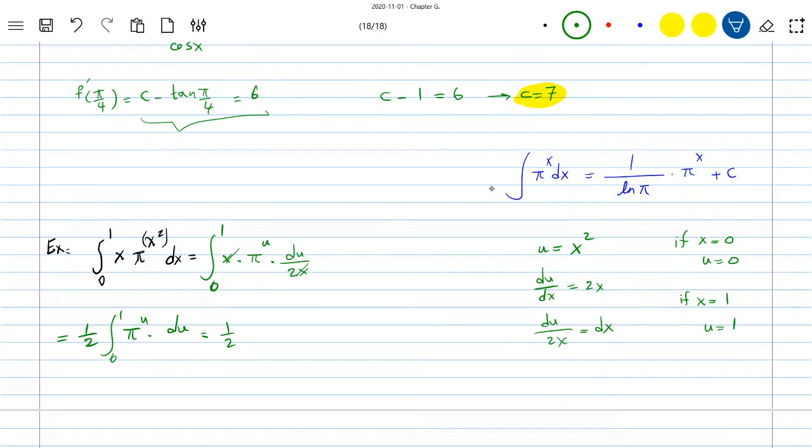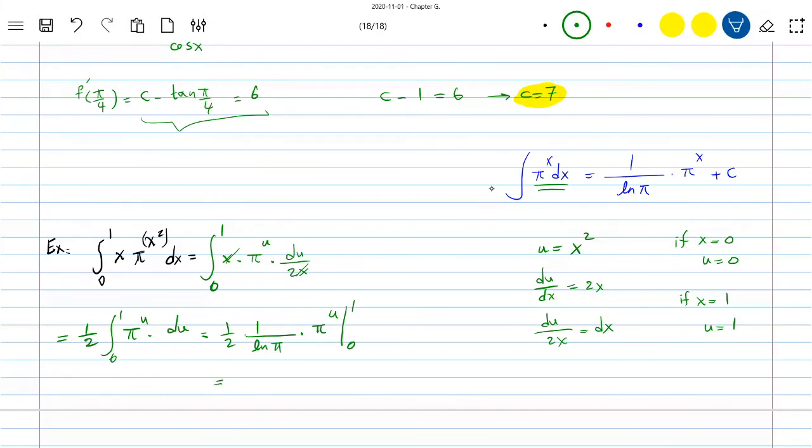What is the integral of pi to the u? I just mentioned it. It would be 1 over ln pi times pi to the power u. Evaluate it from 0 to 1. You don't need c since we're evaluating the boundaries.